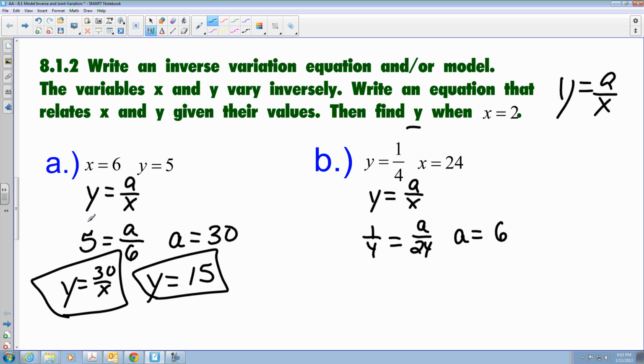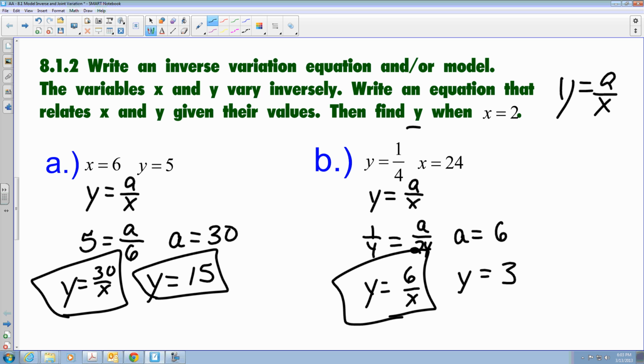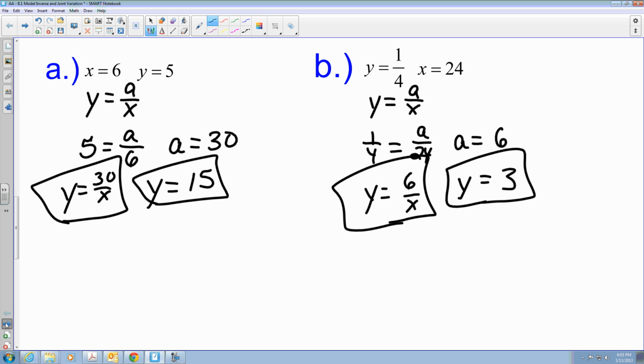Then I can write my equation as y equals 6 over x. That's the first part. The second part is they want to know what y is going to be when x equals 2. So I get 6 divided by 2, which means y will equal 3.